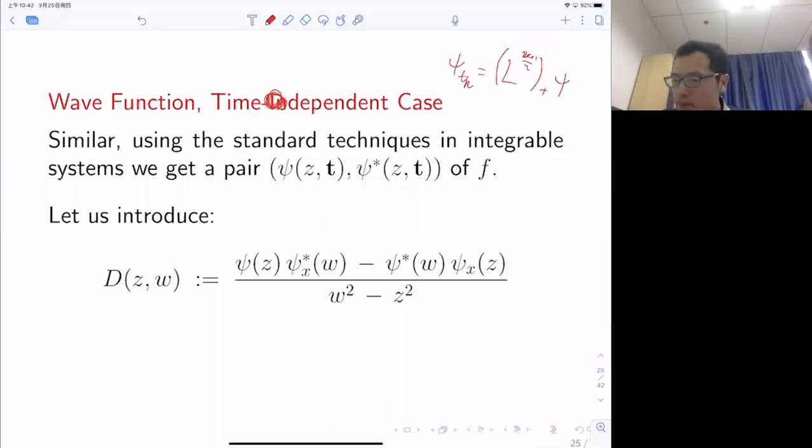And the evolution of the wave function and the dual wave function together, the pair, is also well defined.